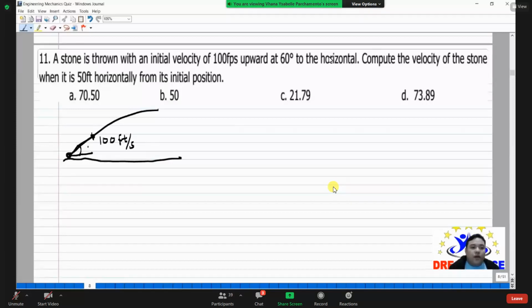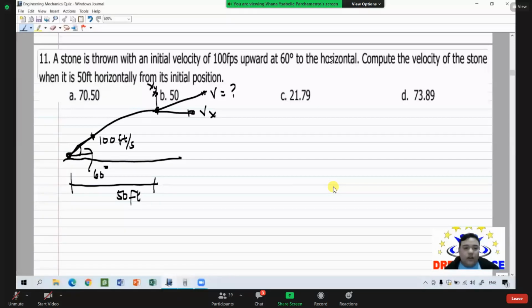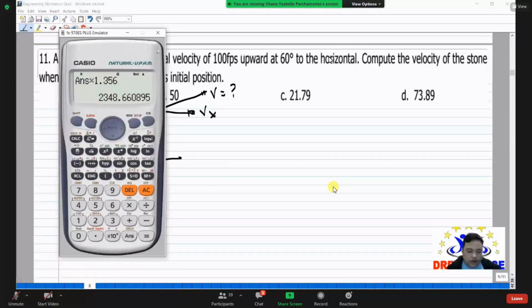So, yung ating angle dito is 60 degrees. Now, compute the velocity of the stone when it is 50 feet horizontally from its position. So, at x is equal to 50 feet, ano na daw to? So, that is Vy, this is Vx. Ano daw yung velocity? And take note, ang nagbabago-bago lang dito is yung Vy. Yung Vx, that is constant, horizontal velocity.